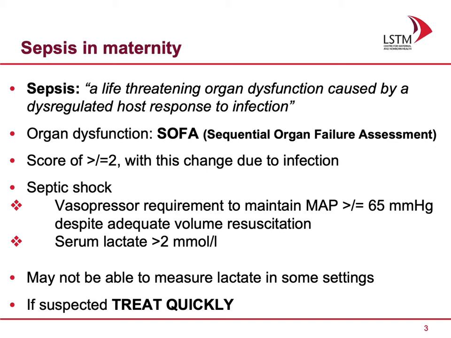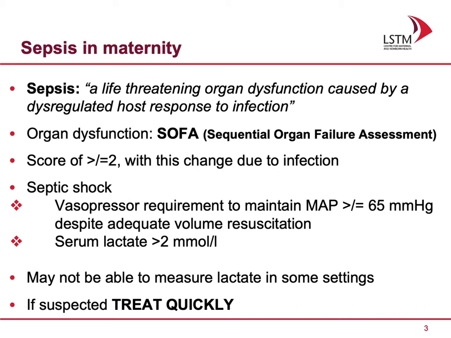If sepsis is not treated promptly and adequately, it's quite possible that it will develop into septic shock. And septic shock is defined as someone who has a vasopressor requirement to maintain their mean arterial pressure at 65 millimeters of mercury or more, despite having had adequate fluid volume replacement.